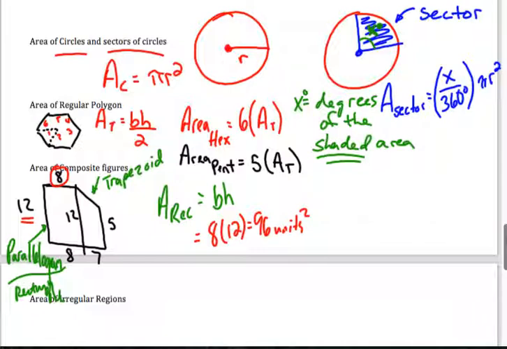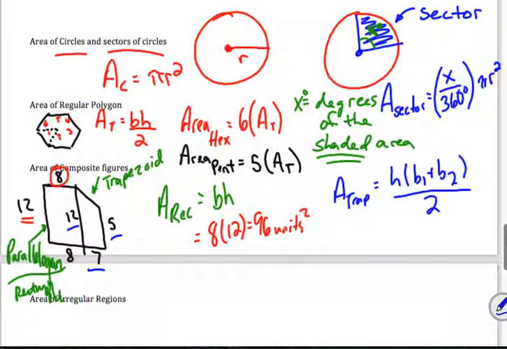squared. And then if I looked at this trapezoid, I'd have 7, 5, and 12. So area of a trapezoid, I'll review, is equal to height, base 1 plus base 2, divided by 2. So then the area of the trapezoid, I would have said it's turned on its side, so I would have said the height 7, making me have to add the 12 and the 5 together and divide it by 2.